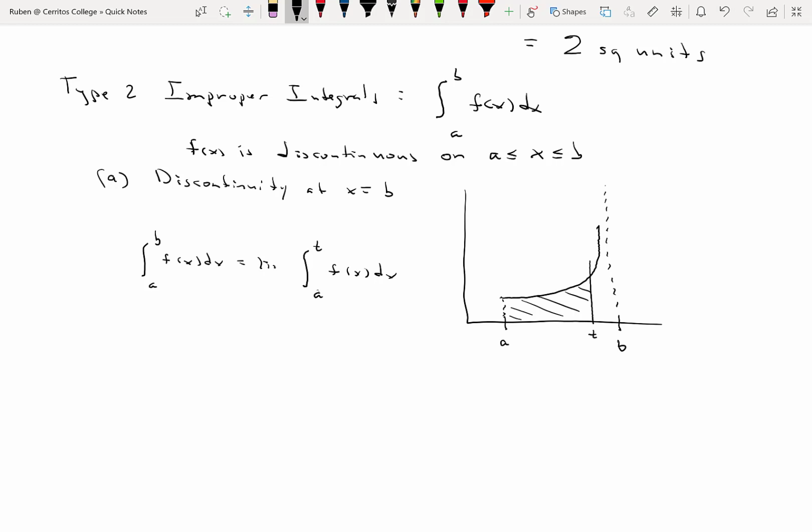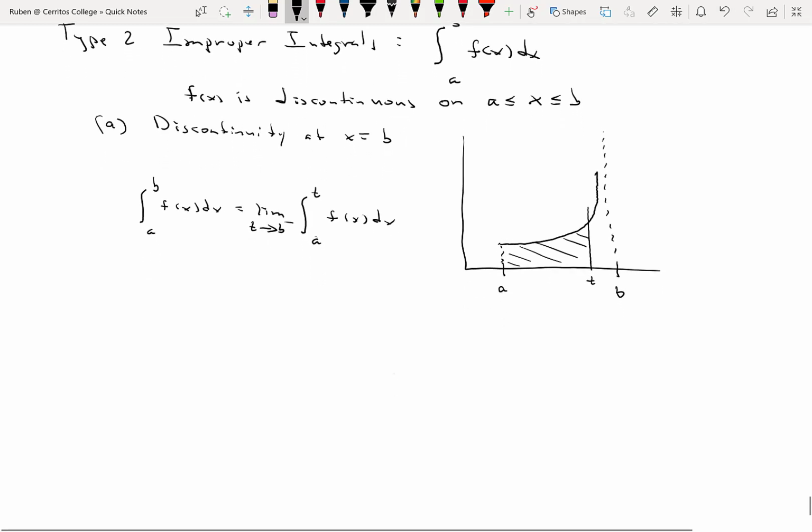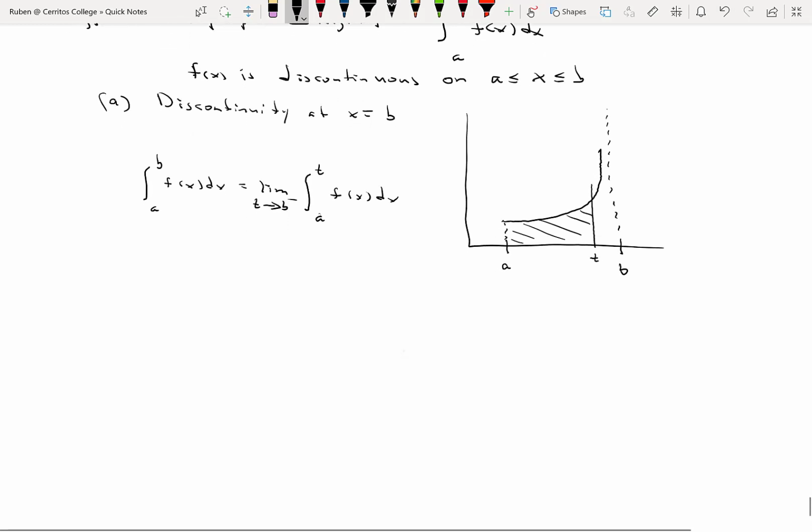Then we take the limit as the upper limit squeezes back to b. But the upper limit is going to be approaching b strictly from the left-hand side. Okay? And this is how we evaluate the type 2 improper integral of type 2a.